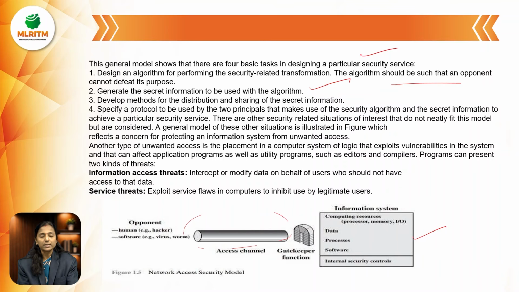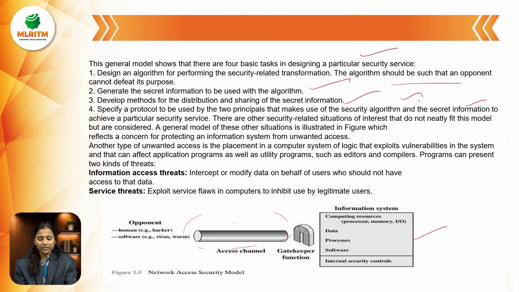Okay, and here generating secret information. This sender will be sending information. This opponent will be generating secret information. Secret information is used with the algorithm, and different methods are used for the distribution and sharing of secret information, and different protocols are also used for verifying the security algorithm.